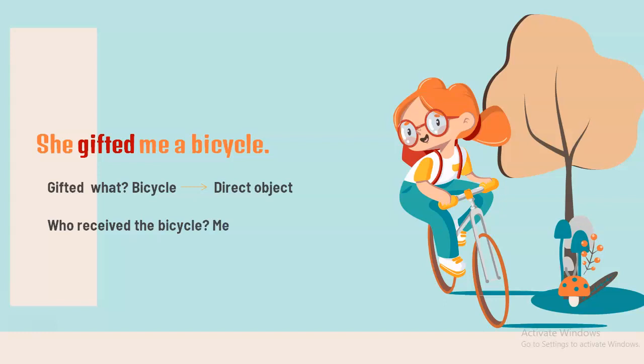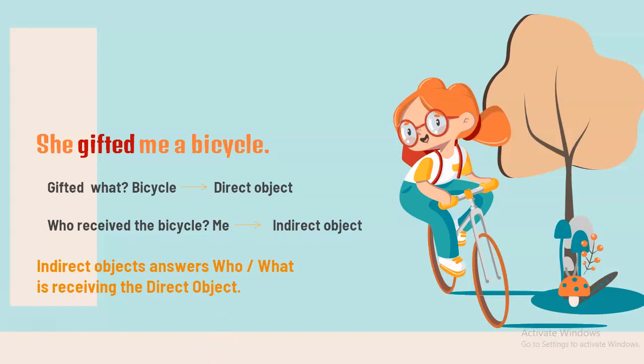Me. So here me is the indirect object. Therefore, we can say that indirect objects answer who or what is receiving the direct object. Alright?